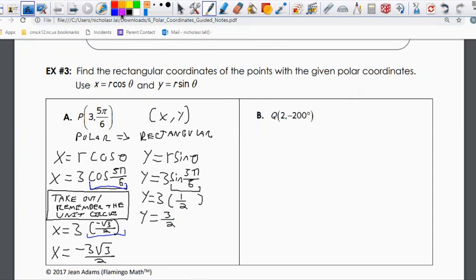And from our x value and from our y value, we have negative 3 root 3 over 2 and 3/2.